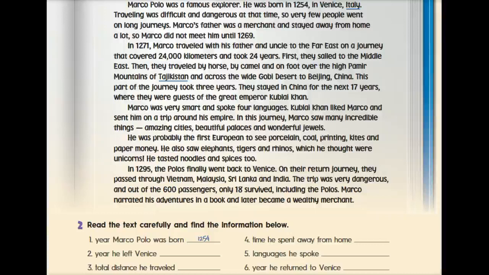Where's the answer? Here, next to the number 3. 24 years. So he spent 24 years away from home. Pretty good.